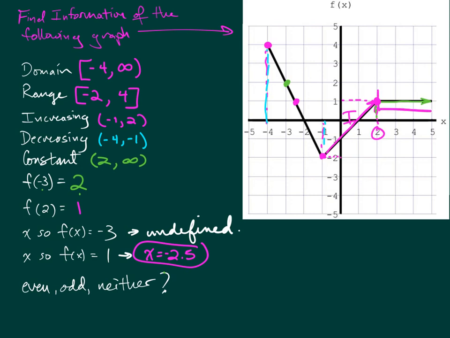This entire portion of the graph. So if x is bigger than or equal to 2, then the y-coordinates on all of these points here are 1 forever. And again, this graph is neither. It doesn't have any y-axis symmetry or rotational symmetry.